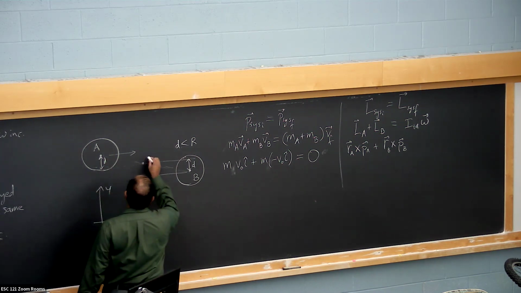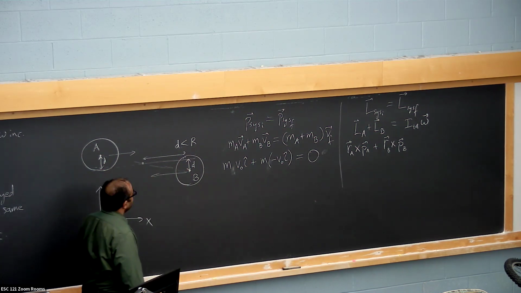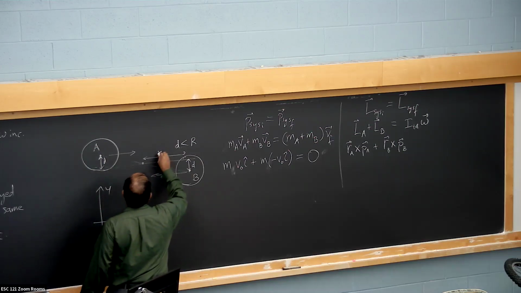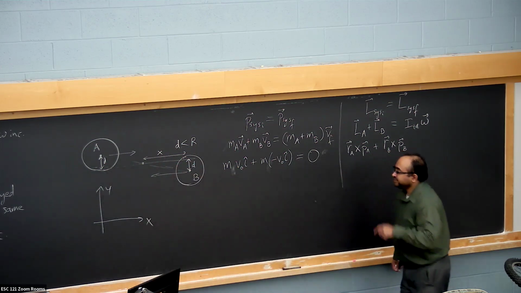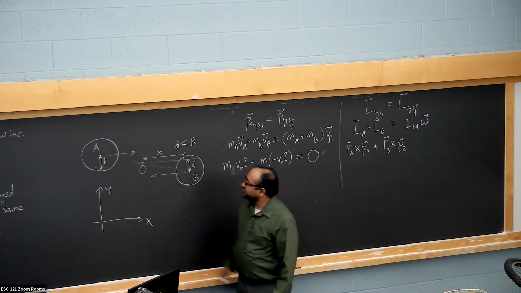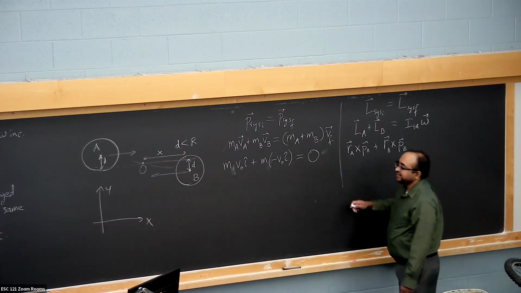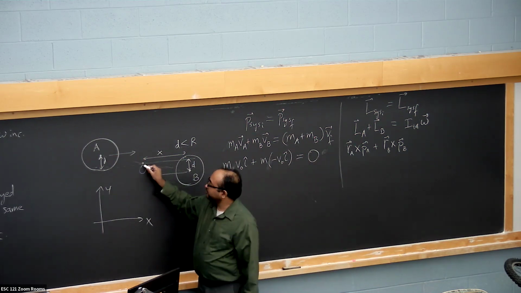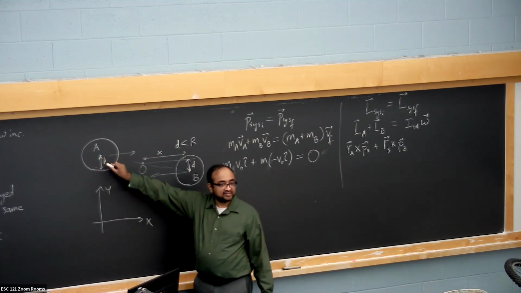Let me call this distance, what do you want to call it? We've already used d. X, yeah, sure, okay. So X. And I'm looking for the angular momentum about this point O. So for A, R_A is pointing from O to the center of A. So that would be minus X i hat plus d j hat.